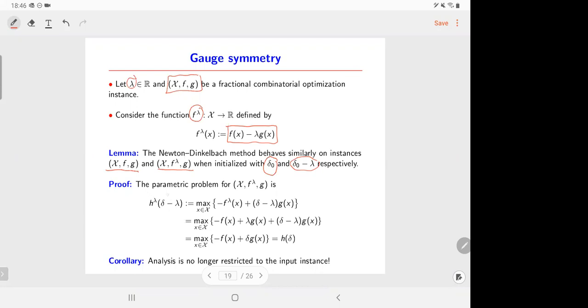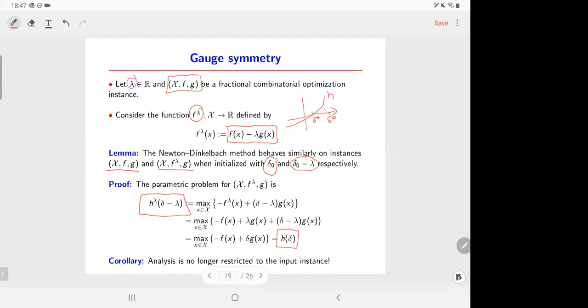So if you expand out the definition of the parametric problem for the new instance, then what you get is essentially the parametric problem for the original instance, but shifted by lambda. So you can think of it as, let's say this is the h function for the original instance, let's say this is delta star, and suppose I initialize here.